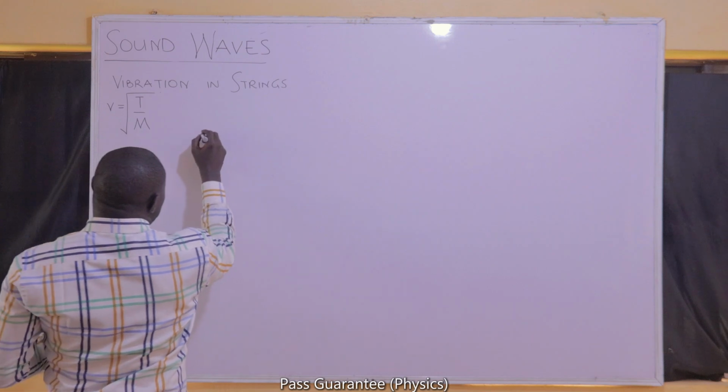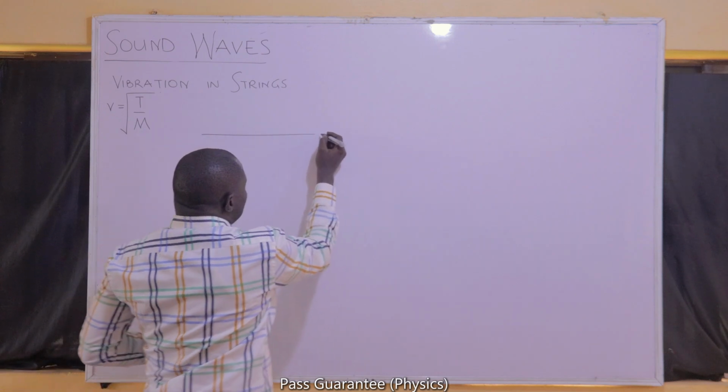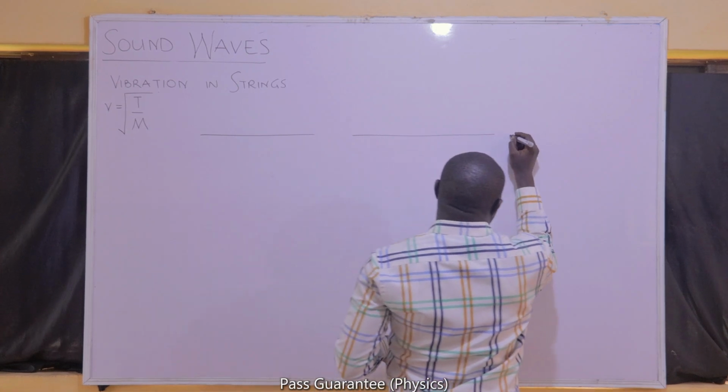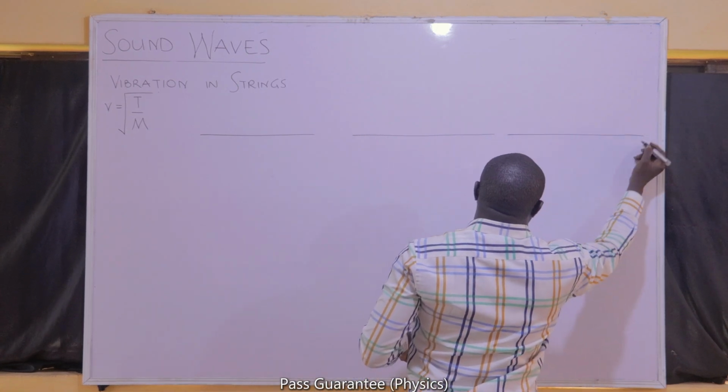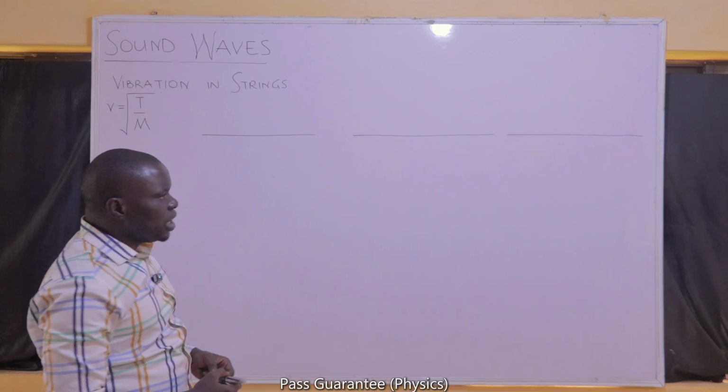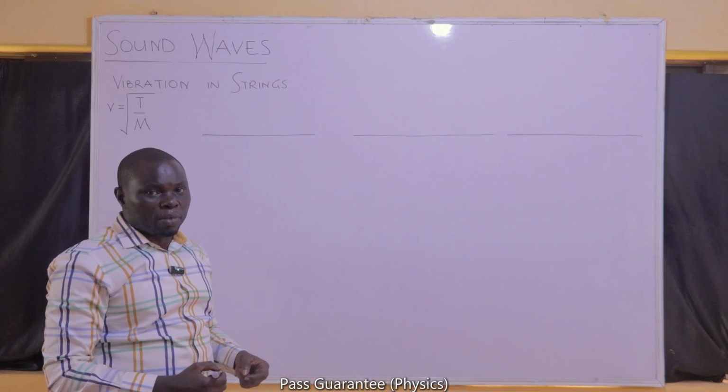Now, if I have a string, let us also assume that we have another string. The velocity depends on the pattern of the wave with which it is going to vibrate.